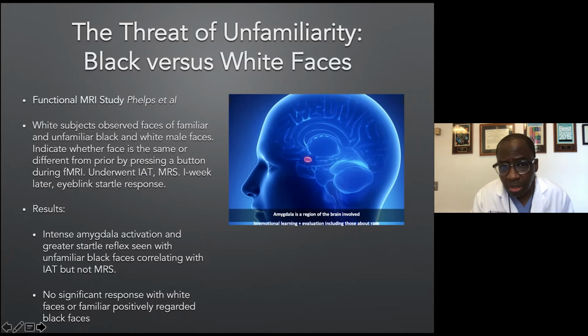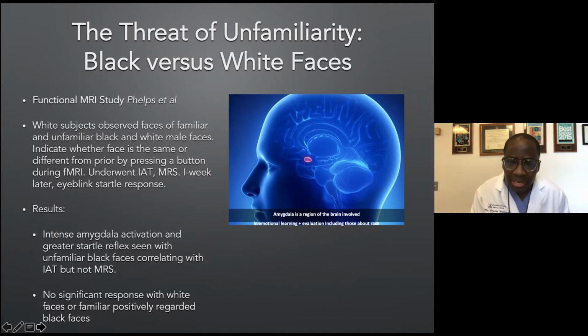They all underwent the modern racism scale, which tests conscious bias. They underwent an eye blink startle response, which is an electrophysiological, electrodiagnostic test for startle. And then they were all asked while in the scanner to press a button if the face shown is the same as the previous face or different.